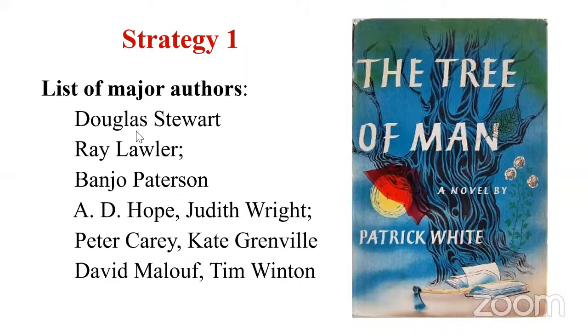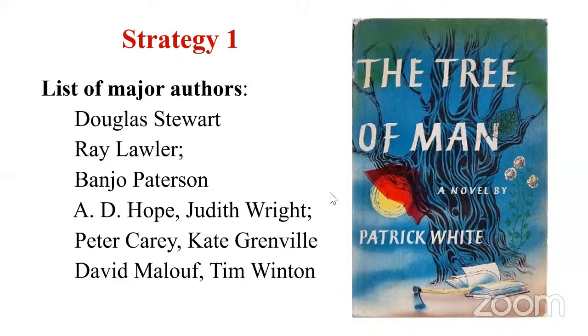We have Douglas Stewart, a playwright, then Ray Lawler, two famous playwrights, then poets Banjo Paterson, A.D. Hope, Judith Wright, then novelists Peter Carey, Kate Grenville, David Malouf, Tim Winton, then Patrick White.